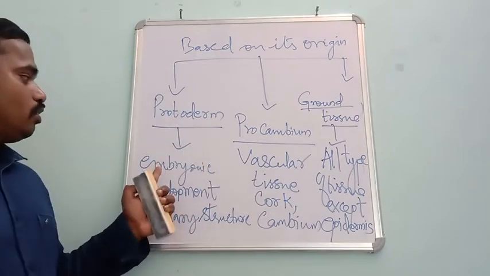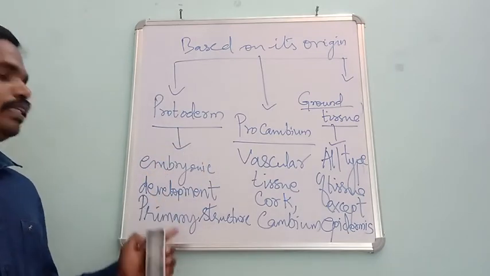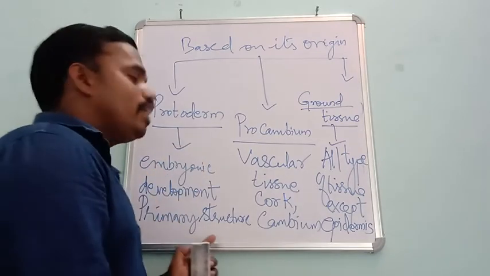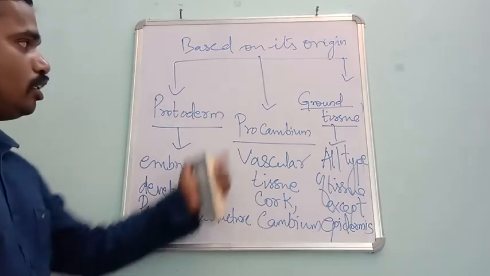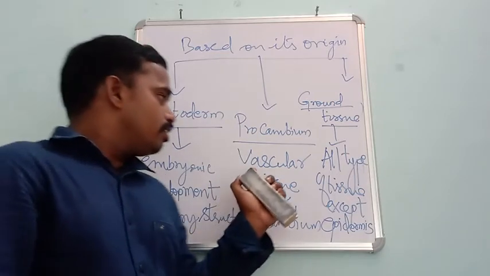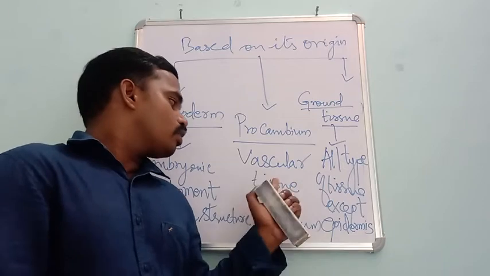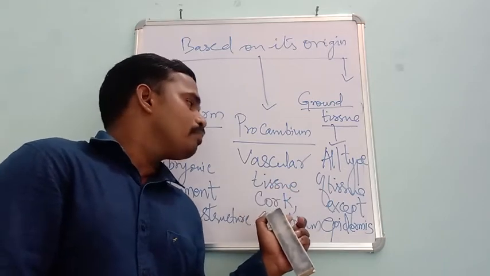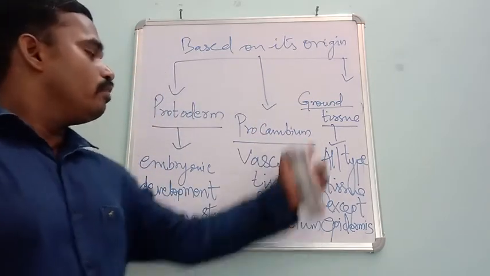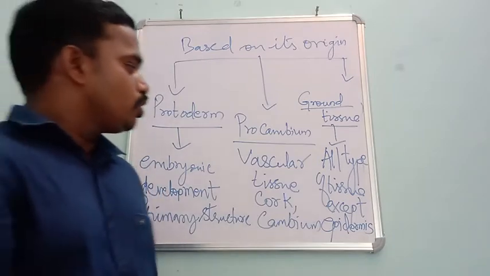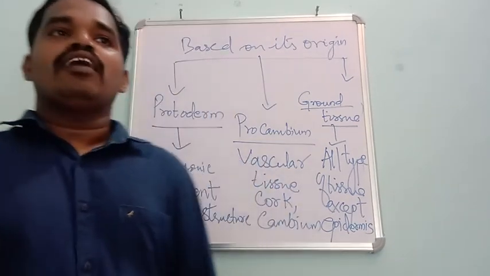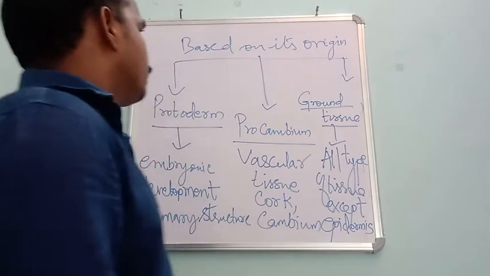Protoderms are derived from the embryonic development, so they are involved in the primary structures of the plant. Procambiums are originally formed from the vascular tissues, and cork cambiums are formed from the procambium. In ground tissues, all types of tissues are formed except the epidermis and vascular bundles.